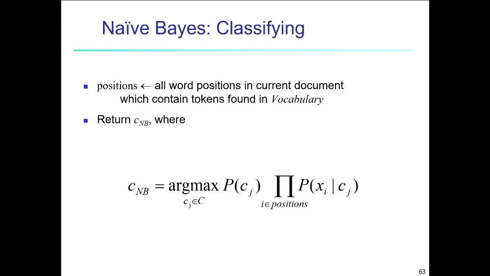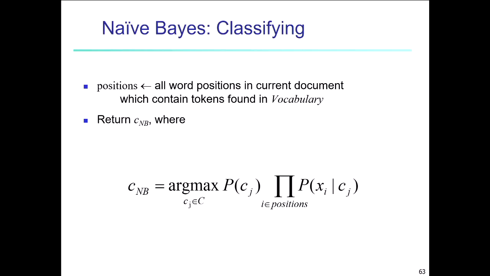And to do the classifying, firstly, you get the positions, where the positions are, for a given document, all the word positions in the current document which contain tokens found in the vocabulary.